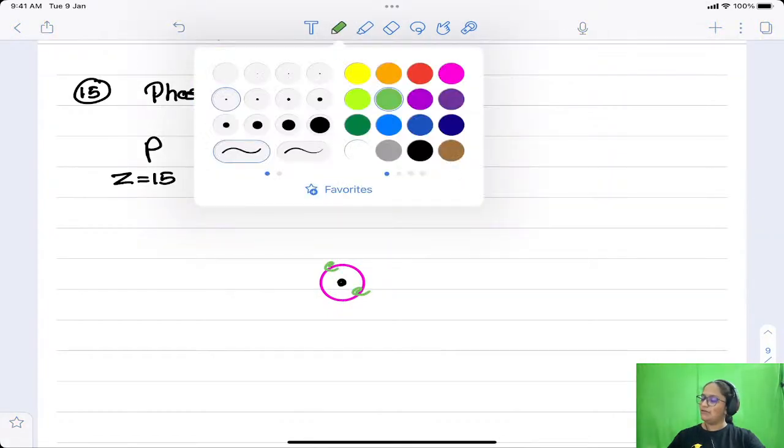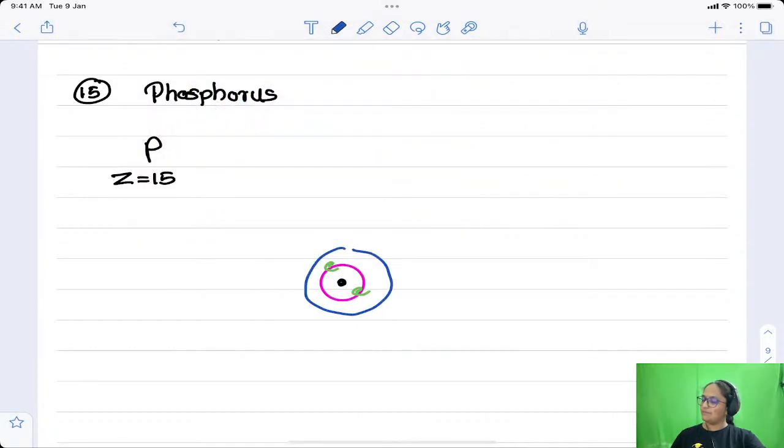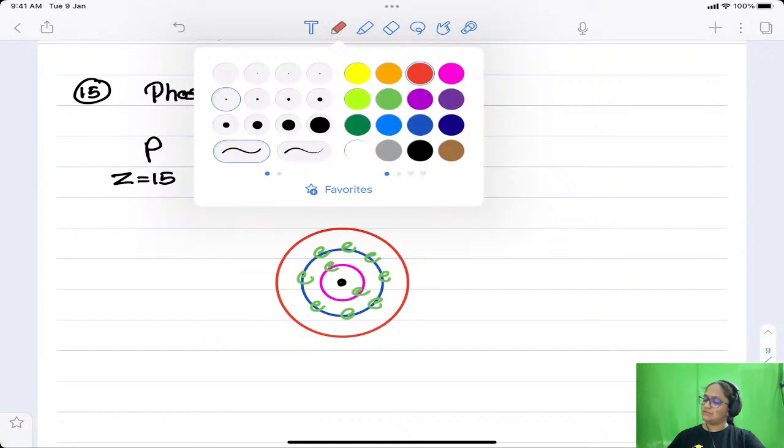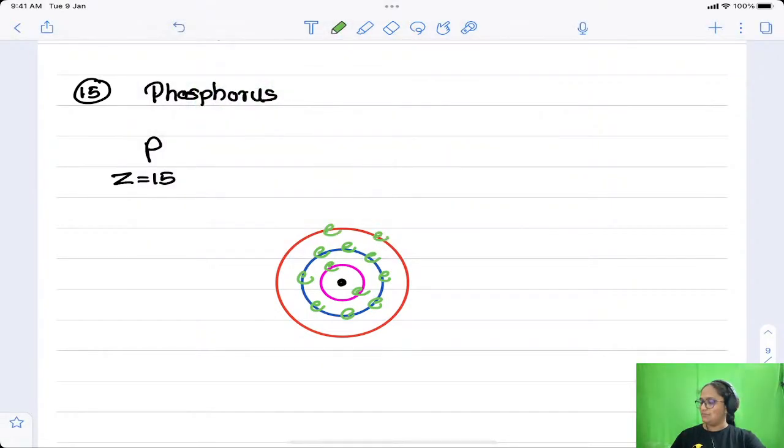Then next 8 electrons will enter in this shell, which is the L shell. 1, 2, 3, 4, 5, 6, 7 and 8, right? So remaining 5 electrons, they will enter in this M shell, right? Okay, so 1, 2, 3, 4 and 5, right?